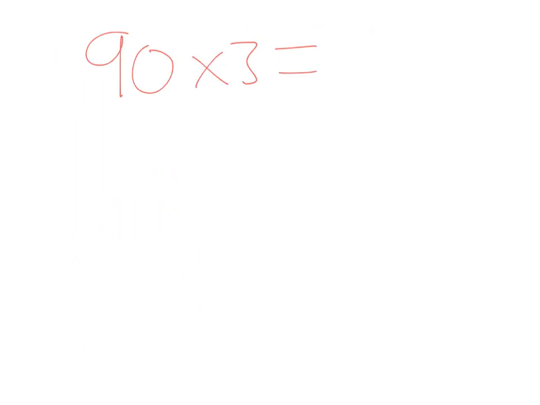So the new sum is 90 multiplied by 3. Nice and simply, how I'm going to do that mentally is 9 times 3, which equals 27, and then multiply that by 10 to make sure it's 90, not 9, multiplied by 3. So the overall answer, I apologise, will be 270.